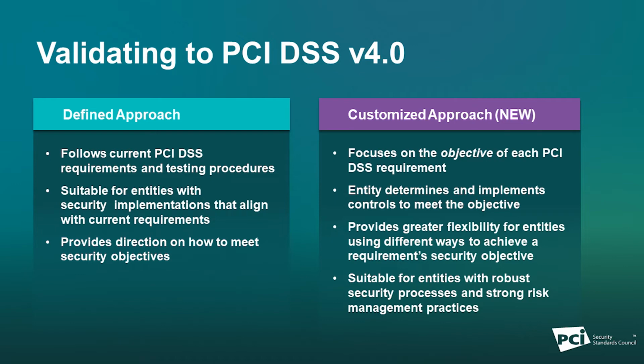In this approach, an organization will determine the controls that are being used to meet a stated objective. In the customized approach, an organization will perform a risk analysis, address any risks, define and document controls, and perform their own testing to verify that that control is working.